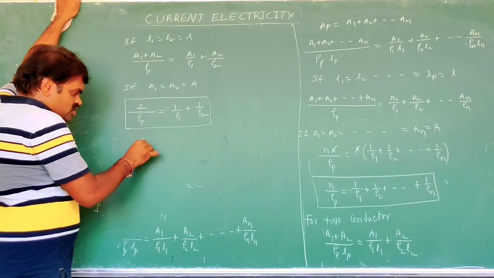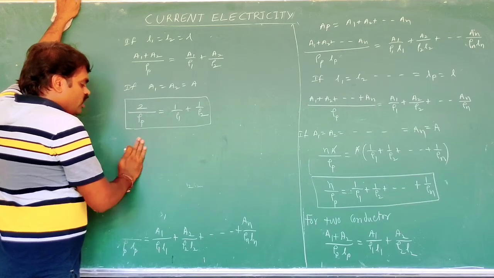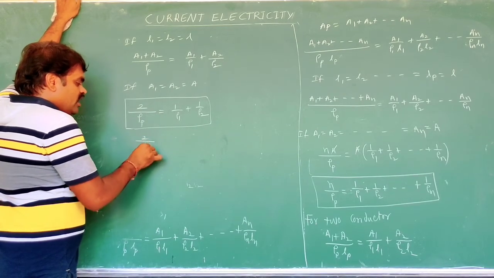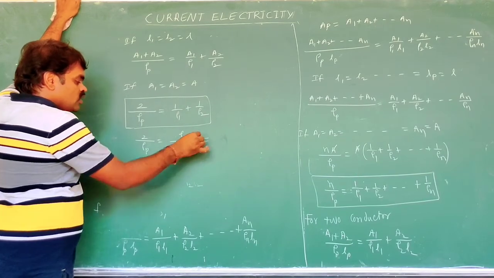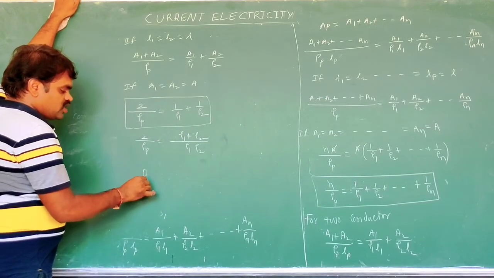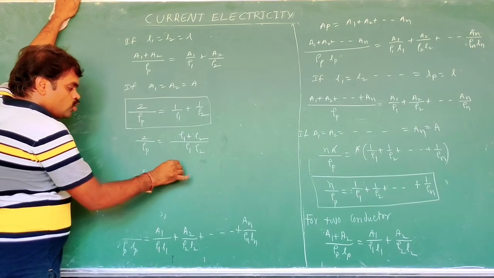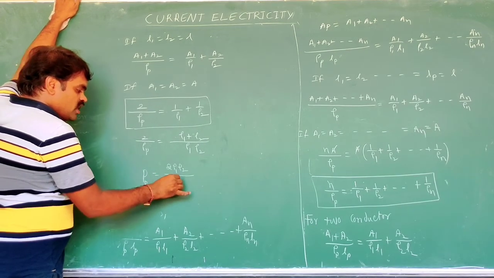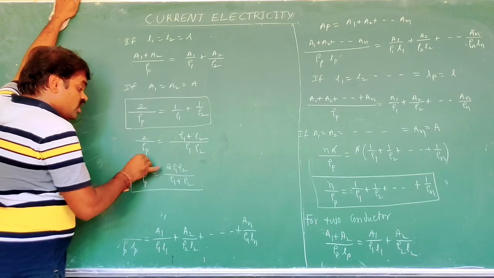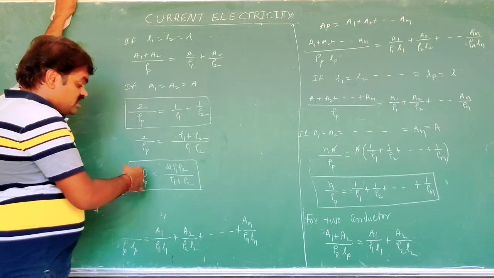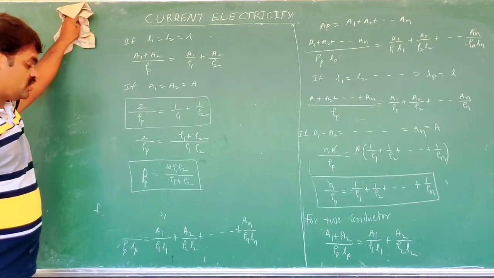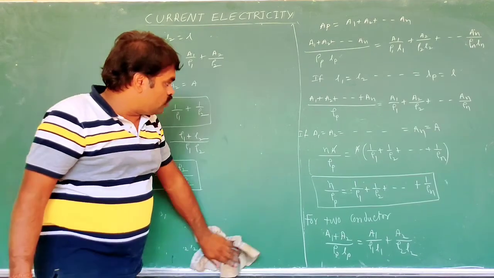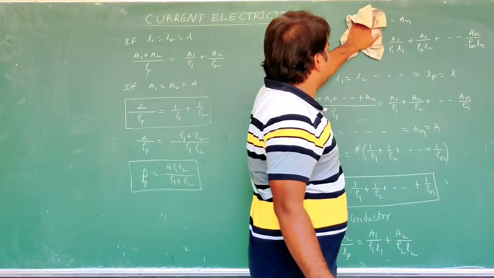Taking the LCM, 2 by rho P is equal to rho 1 plus rho 2 by rho 1 rho 2. Then rho P is equal to 2 rho 1 rho 2 by rho 1 plus rho 2, which is very important: the effective resistivity in parallel combination. Now we are going to discuss conductivity.